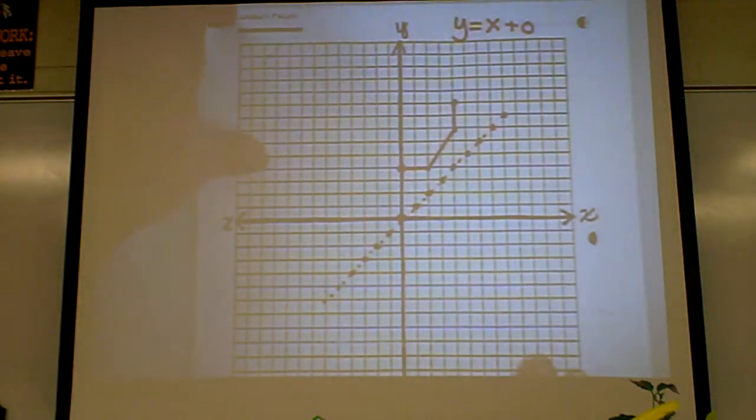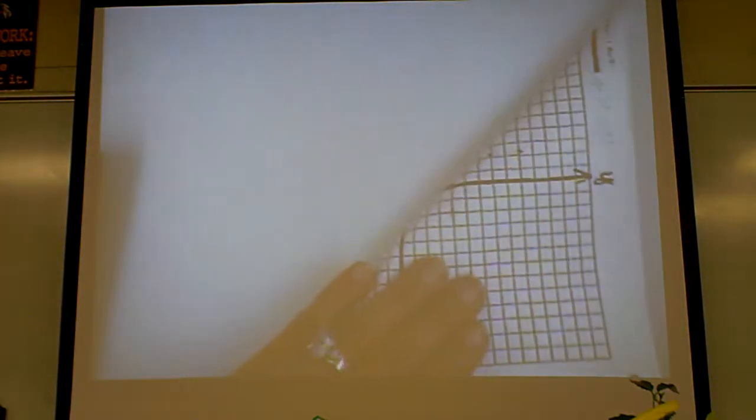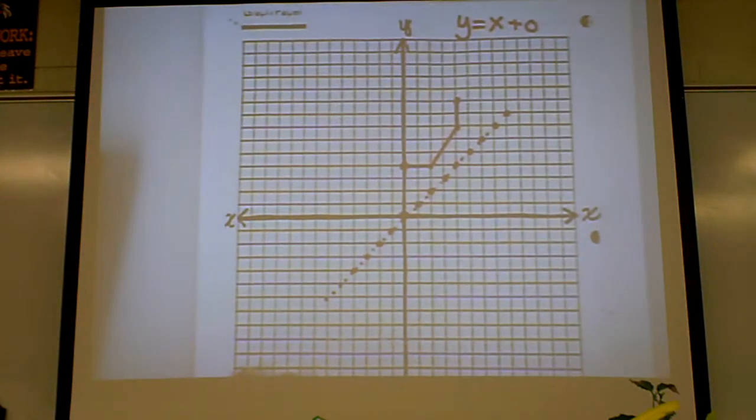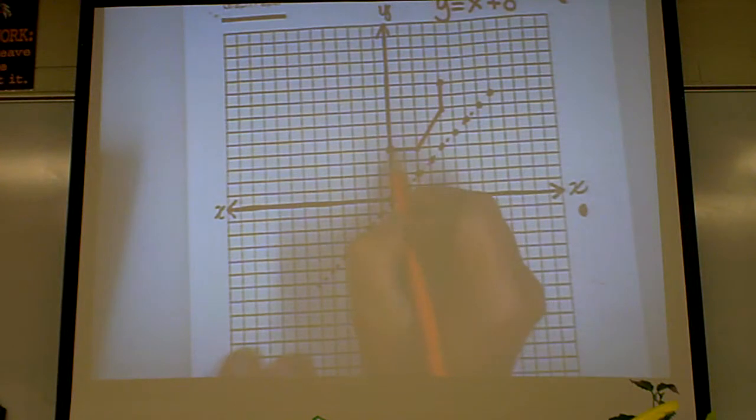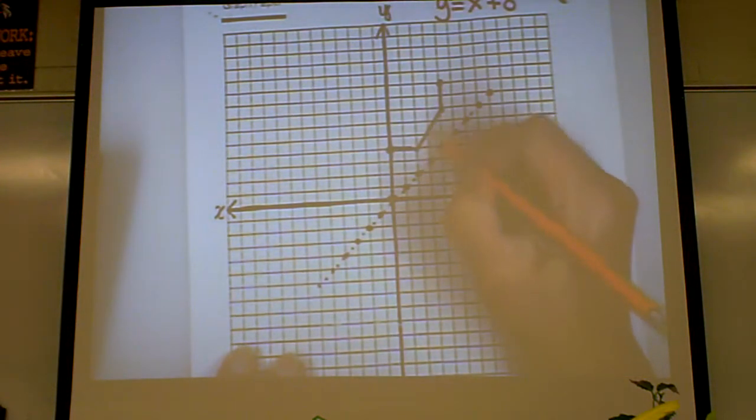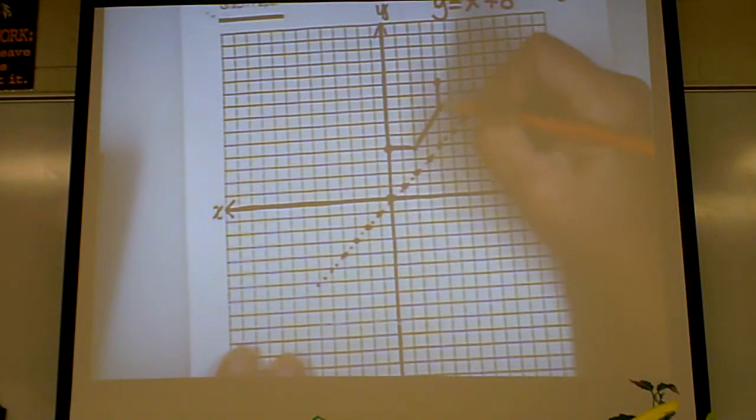In other words, if I folded this on that line, here's a little fun thing you could do. If you took a pencil and you darkened this, did you ever do this before in geometry?